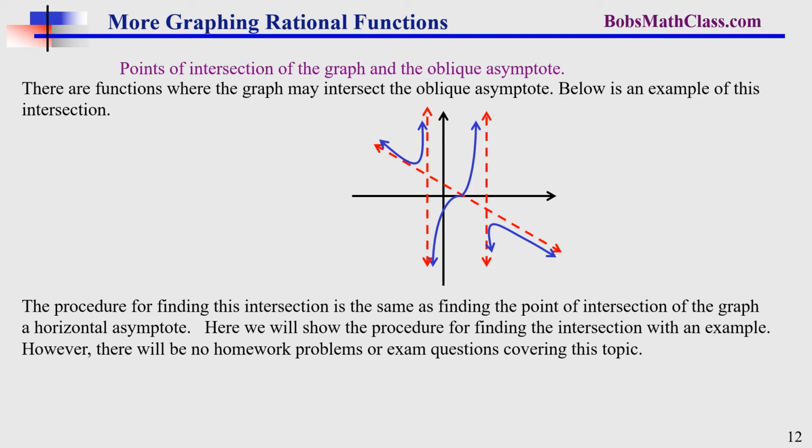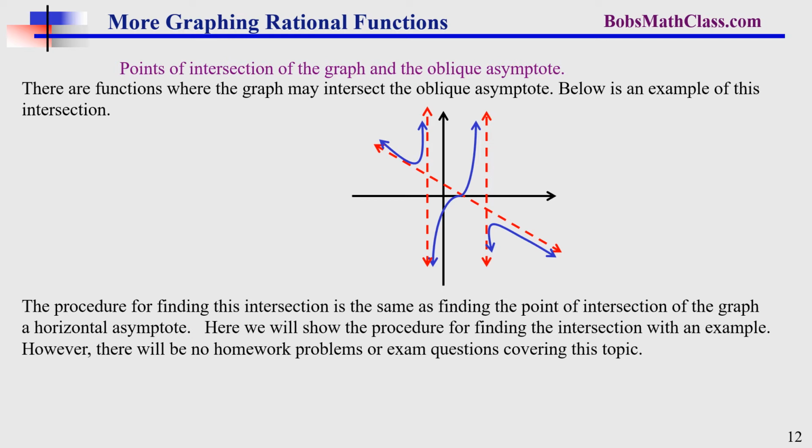Okay, one thing I wanted to mention is that the graphs can intersect the oblique asymptote. Just like we talked about the horizontal asymptote, the graph can intersect an oblique asymptote. Here's a little picture of one. You could see that in the middle it's going right through it, right?